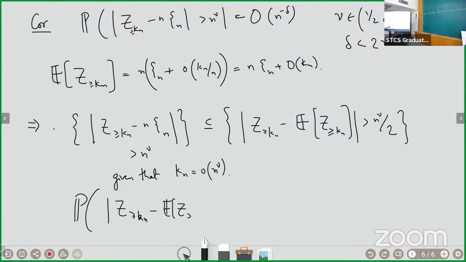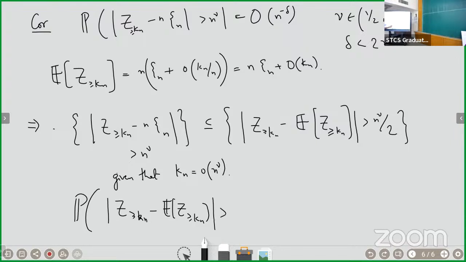See, none of this is directly happening. We have this roundabout way. Rather than controlling Zn minus the expected value directly, we looked at the expected value in terms of n xi n. And that's how we have actually arrived at this, because we have control over the expected value in terms of n times xi n.